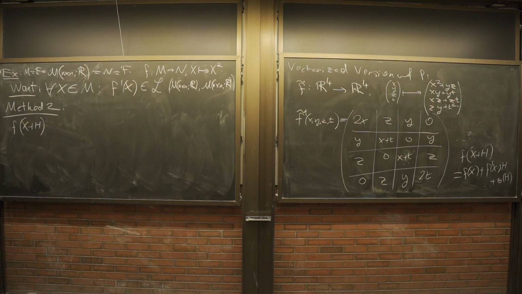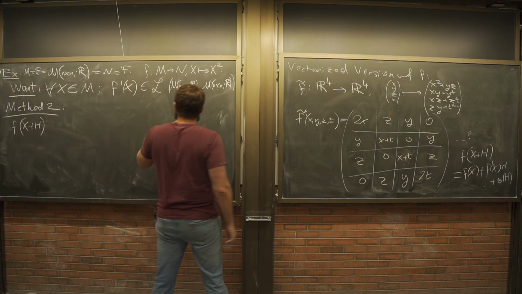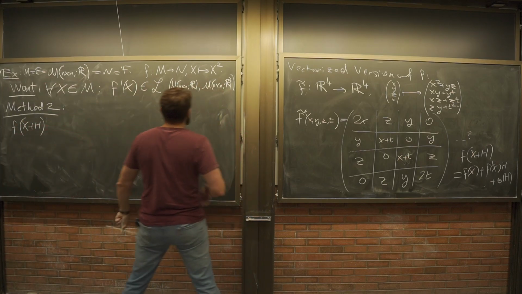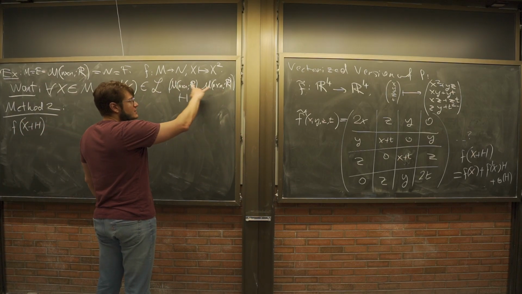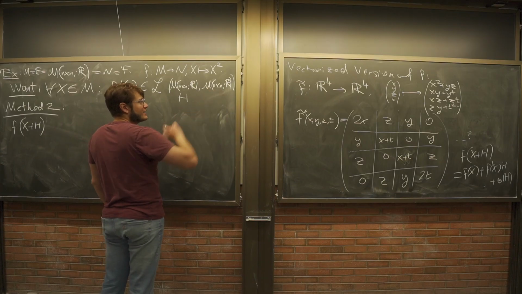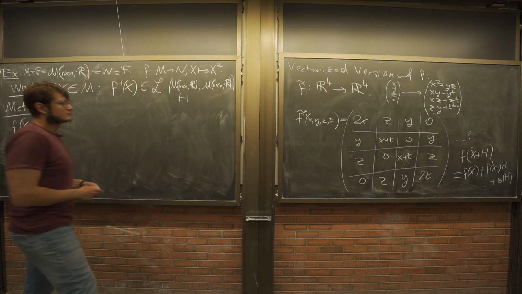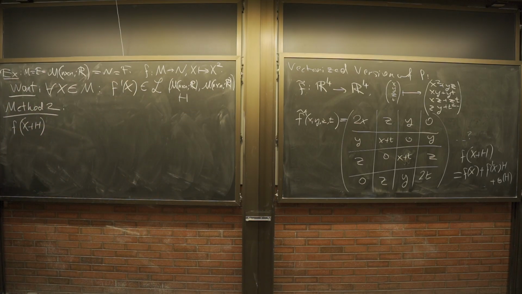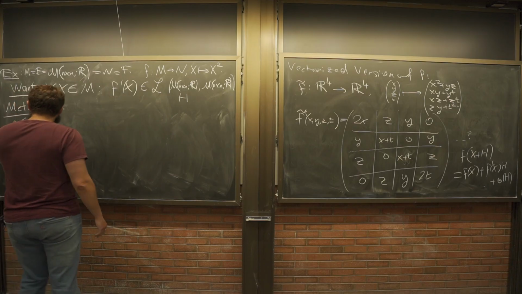So f prime of x should take as an input an n by n matrix, and should give as an output an n by n matrix also. So just like I did with other things, I'm just going to open this up.